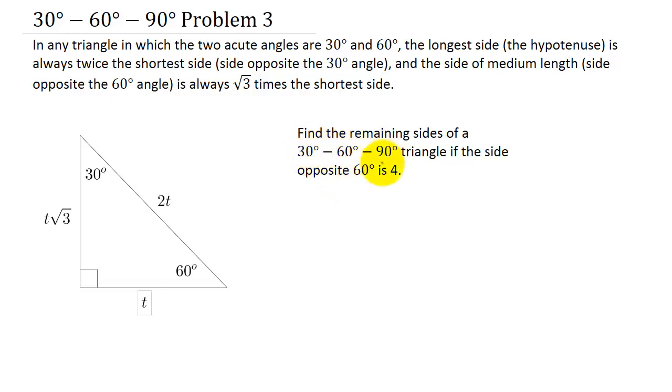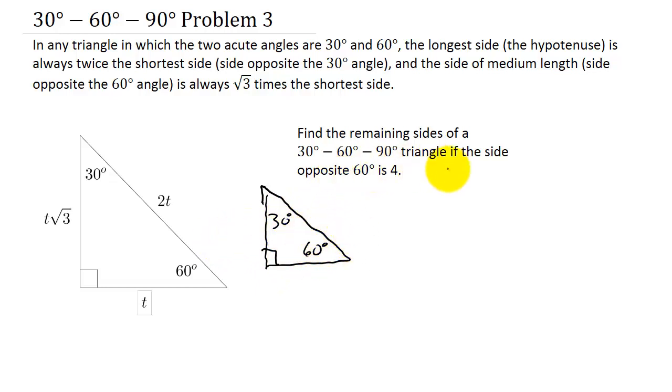Find the remaining sides of a 30, 60, 90 triangle if the side opposite 60 degrees is 4. Alright, so let's sketch the triangle here. That's 90, that's 30, and there's 60.